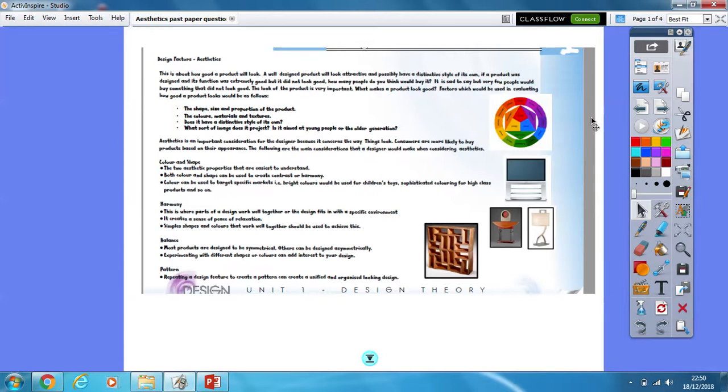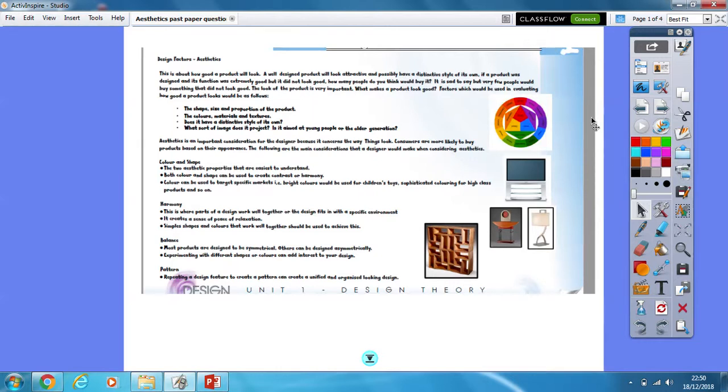Aesthetics is a design factor, and it's a really important one, because often the aesthetics is the first thing that you're going to see when you look at a product, and it's the aesthetics that often determines whether you're going to buy that product. So aesthetics is a very important design factor.